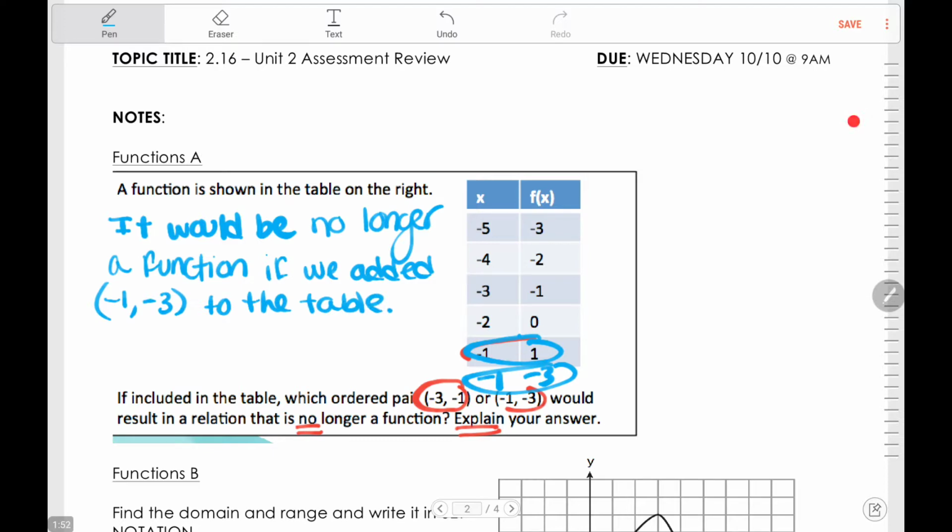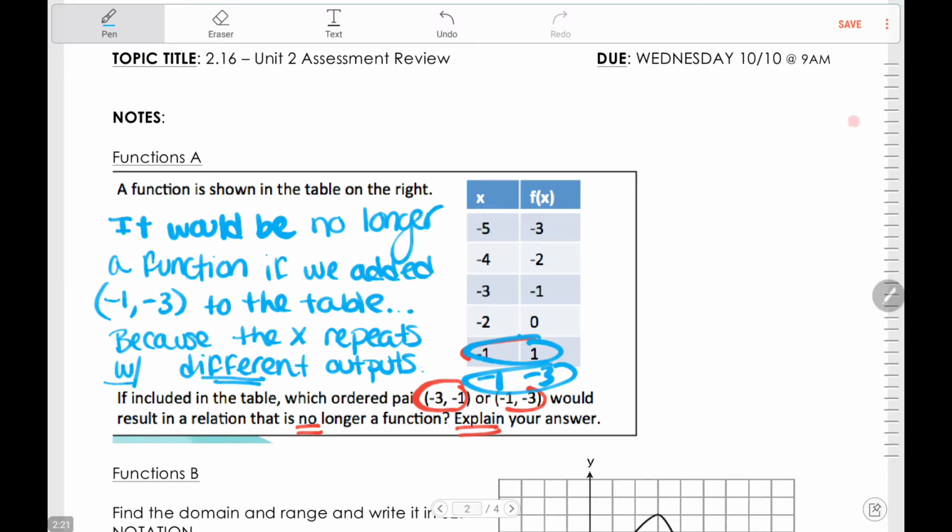Okay, and the reason for that is because the x repeats with different outputs.